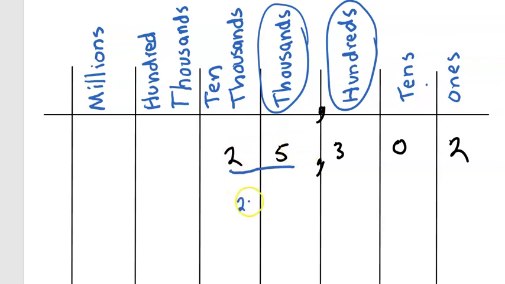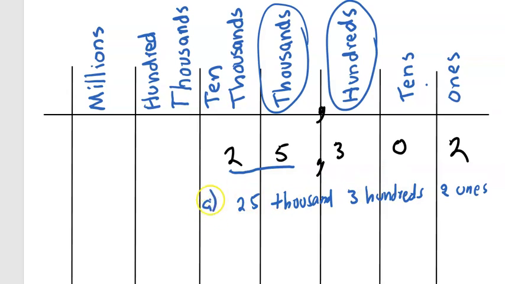So you'd get 25,000 dollar bills, which would be the same as two $10,000 bills and $5,000 bills. And you're going to get 3 hundreds and 2 ones. So that's our first one. That's letter A. We'll go put that in a second.